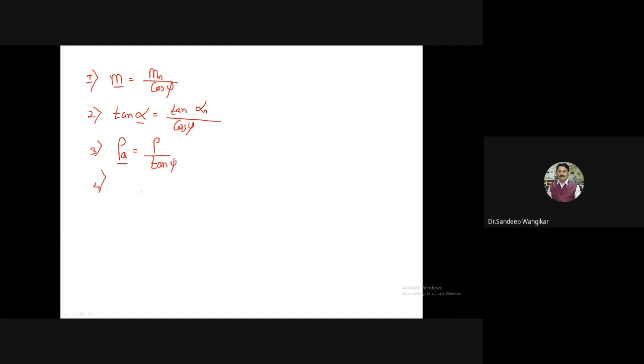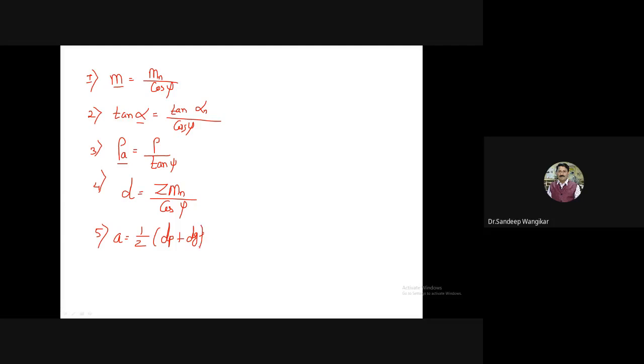Number 4, diameter for pinion and gear. We have d is equal to Z mn divided by cos of psi. For pinion I will put ZP, for gear I will put ZG, so I can calculate both. Very simple. Center distance is nothing but 1/2 of dp plus dg.